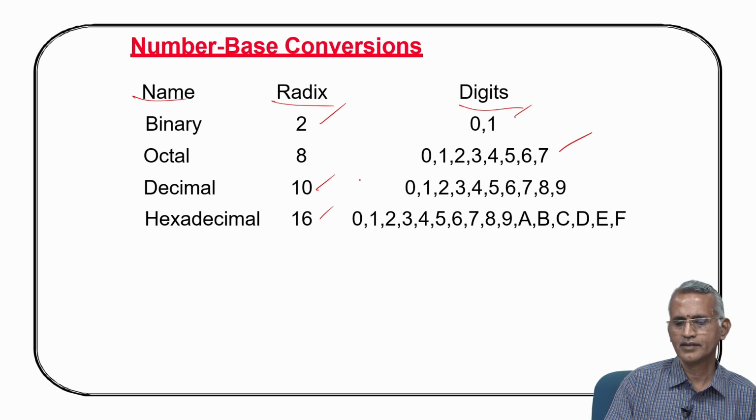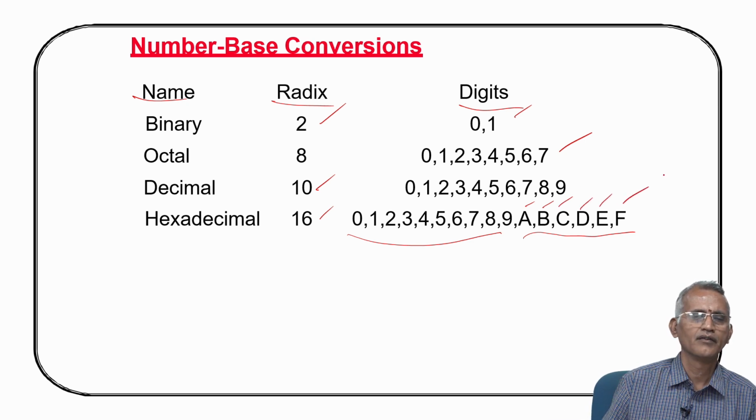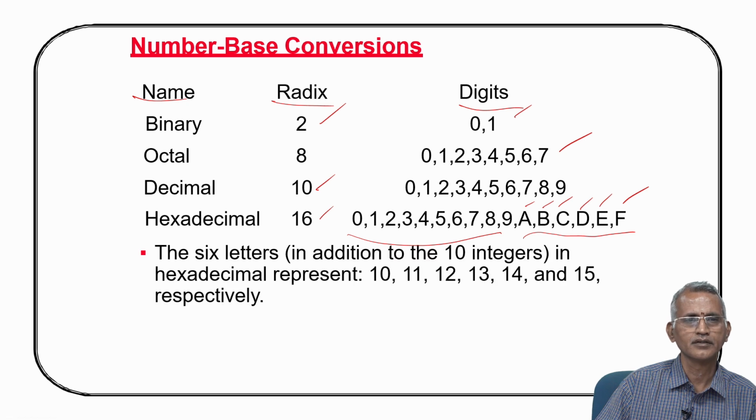Hexadecimal is 0 to 9 and then the rest, from 10, we call A, 11 B, and then 12, 13, 14, 15. This way we can represent hexadecimal, the base 16, as we already discussed. So, the 6 letters in addition to the 10 integers represent hexadecimal respectively.